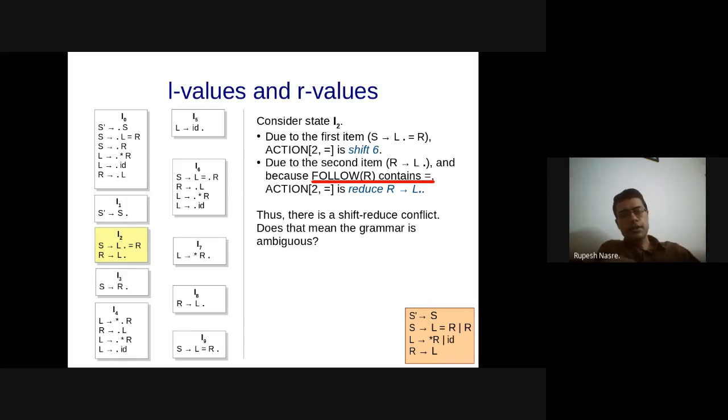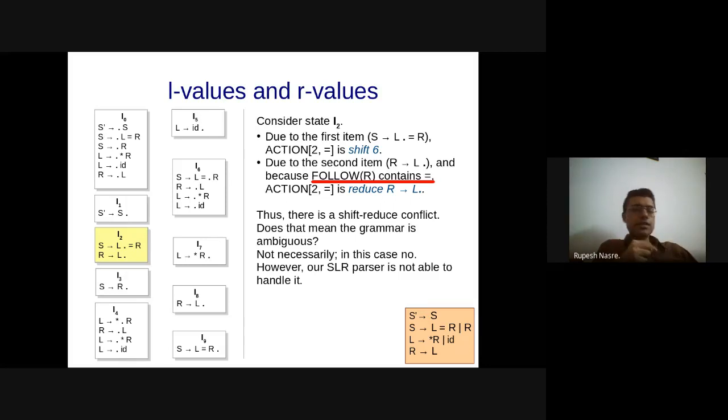I don't know if I meant grammar here or language here. But anyway, as far as our SLR1 grammar is concerned, that is definitely ambiguous, because the parsing table that we have constructed has those entries. However, with a larger lookahead, SLR2 or SLR3 for example, that might turn out to be unambiguous.